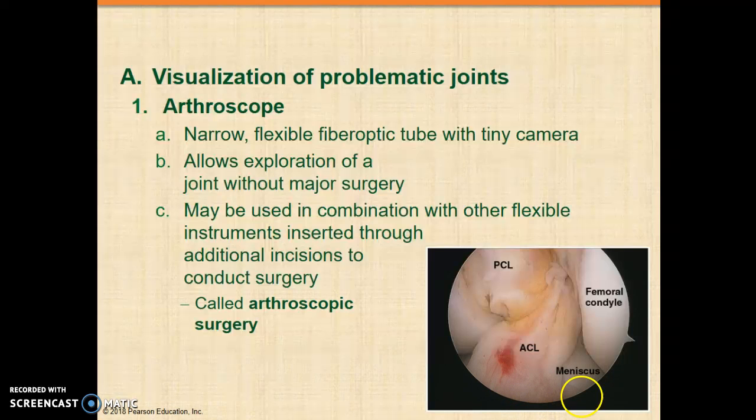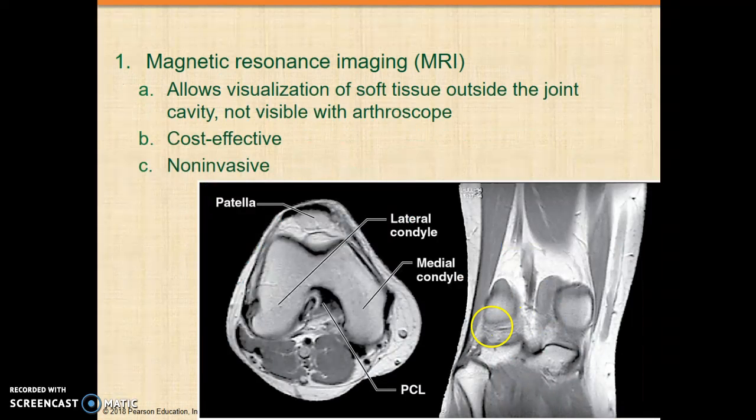During the surgery, they can remove bits and pieces that may be floating around in the knee and cut off pieces that maybe are shredded and need to be cut off. MRI, or magnetic resonance imaging, also allows us to visualize the soft tissue outside the joint cavity.